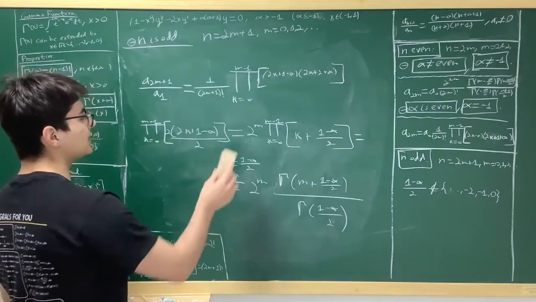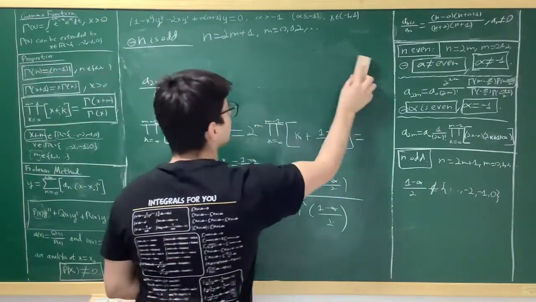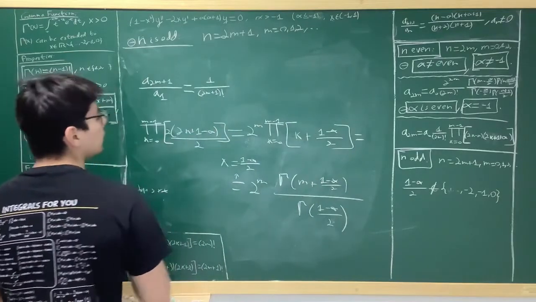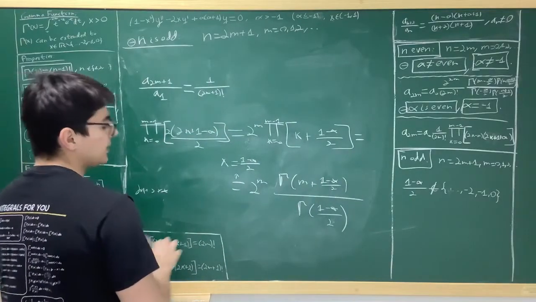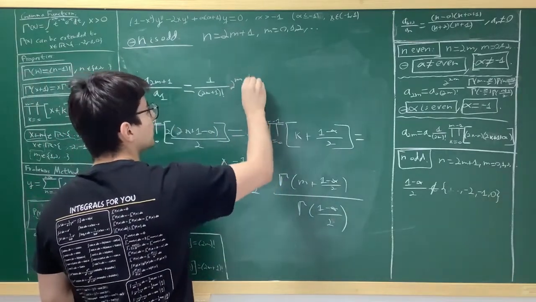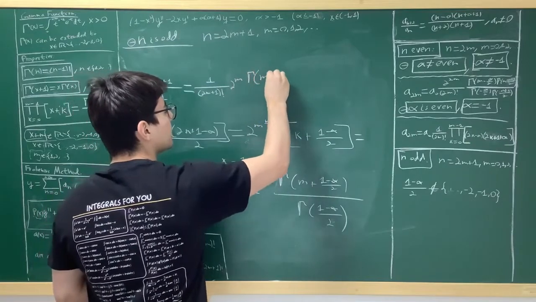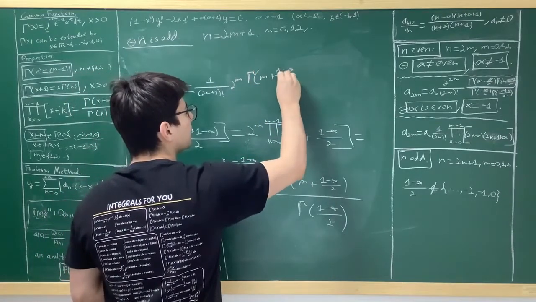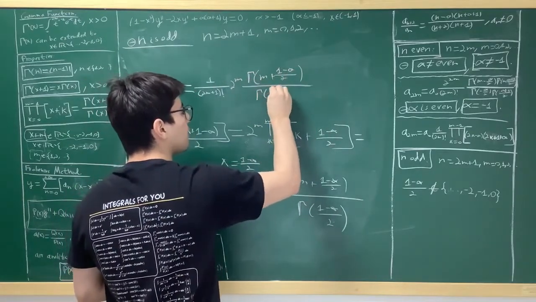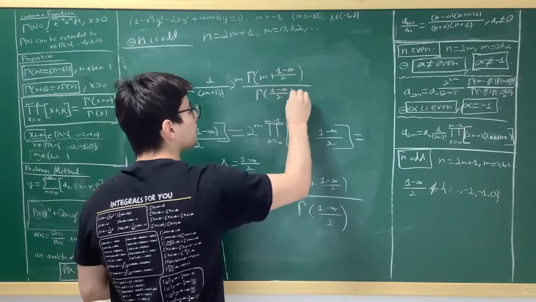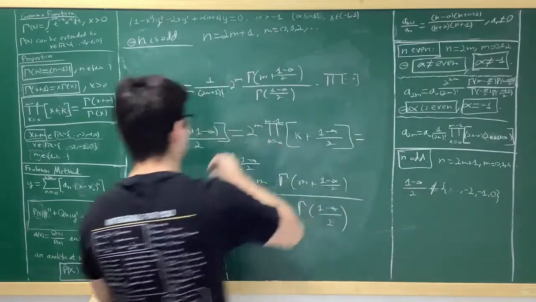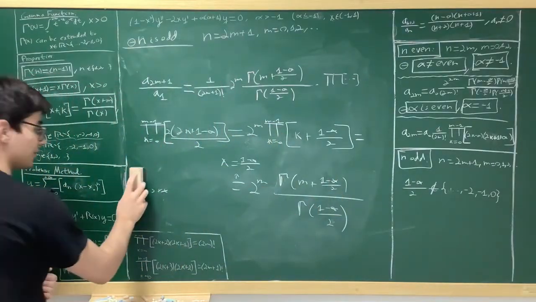Let me just erase this. That is 2k plus 2 plus alpha. Yes, so I remember. Well, this is the first part of our result. So 2^m times gamma of m plus 1 minus alpha over 2, over gamma of 1 minus alpha over 2, multiplied by this other product that I'm going to write down here, so I don't have to write so much, because it takes a really long time.